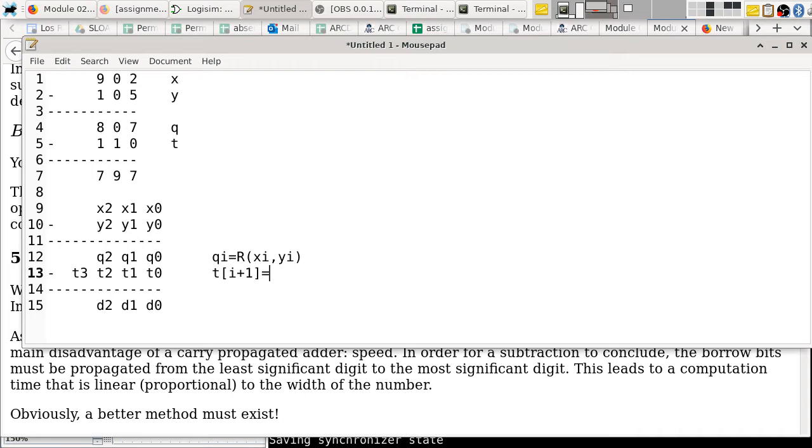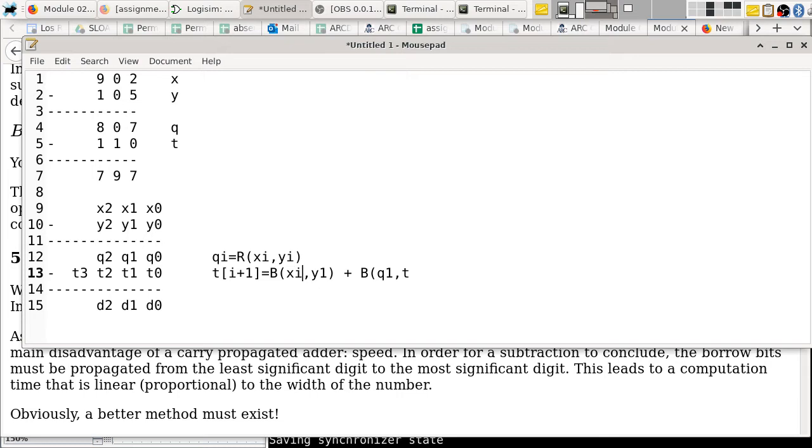So they can both contribute. So that means T subscript i plus 1 is the borrow bit of xi minus yi plus the borrow bit of qi minus ti. Oops, I should change everything to i.